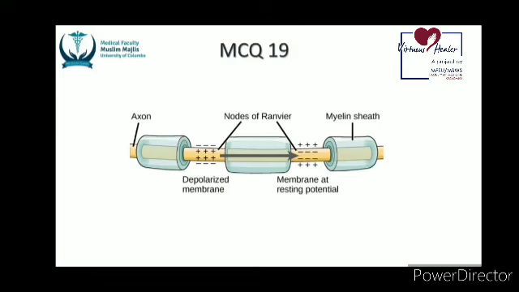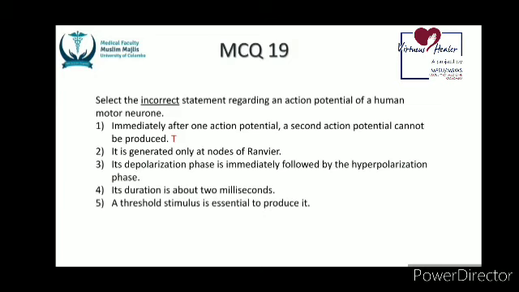So therefore, action potentials will be initiated only along the nodes of Ranvier. In addition, all the voltage gated channels are also concentrated at these places called nodes of Ranvier. Therefore, action potentials will be generated only at the nodes of Ranvier in myelinated neurons. So therefore, statement number 2 is correct.